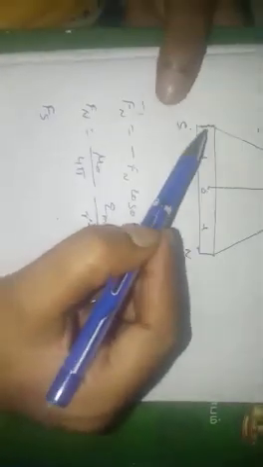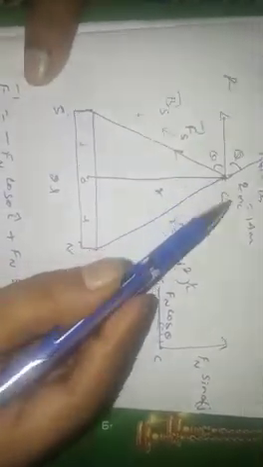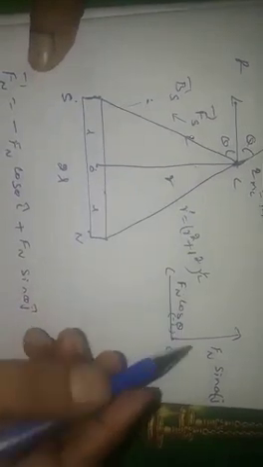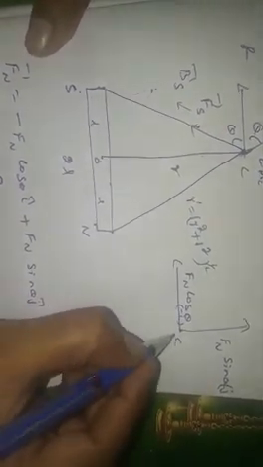Next, force of attraction. Where do we get the attraction force? In the south pole. So, the force of attraction between the south pole of the bar magnet and the unit north pole at point C is also resolved into two components, horizontal and vertical.